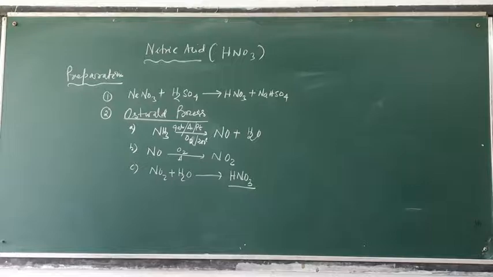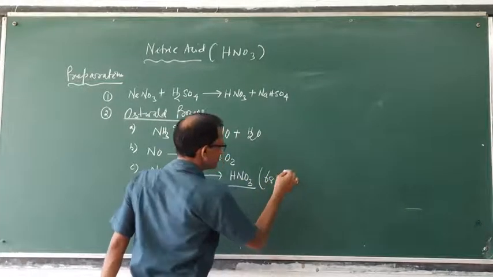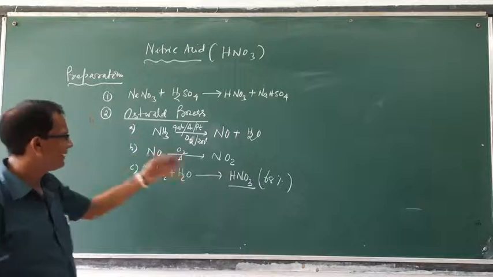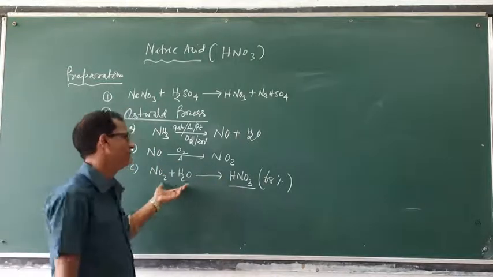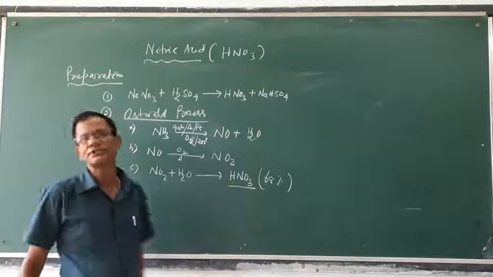The concentration of nitric acid produced during the Ostwald process is around 68%.